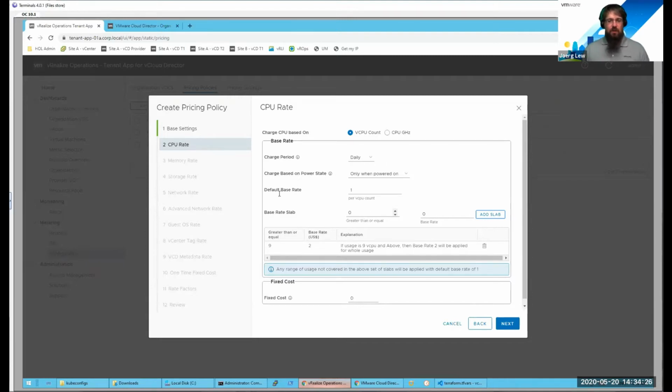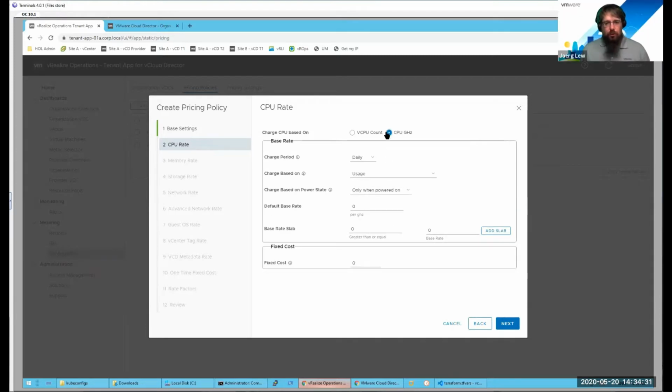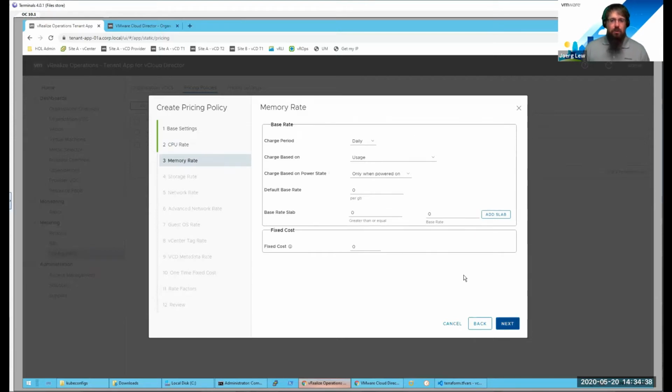And I think the same setting is here. Well, obviously, if you want to do that on a CPU gigahertz setting, it's the same idea. And I think we have the same principle also for memory configuration and memory.